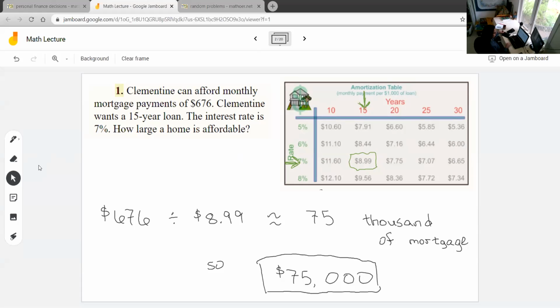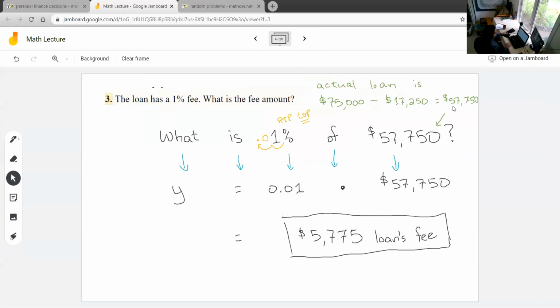Need the 75. I don't actually need the 75. We're done with that because as soon as we found the actual loan size, then we're done with the 75. That was just her ballpark to do her window shopping of houses.